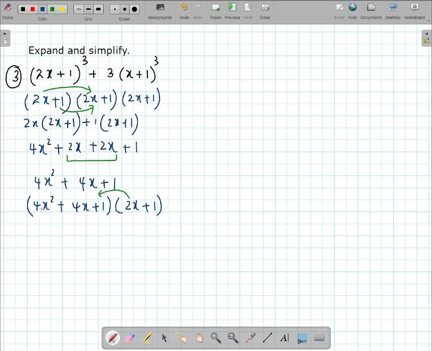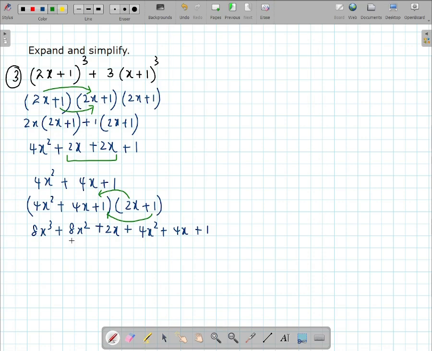So 2x times 4x squared, that is 8x to the power 3. 2x times 4x, that is 8x squared. 2x times 1, that is 2x plus 2x. Then I multiply entire bracket by plus 1. So multiply by plus 1 means nothing changes. So 1 times 4x to the power 2, 1 times 4x, 4x, 1 times 1, that is 1.